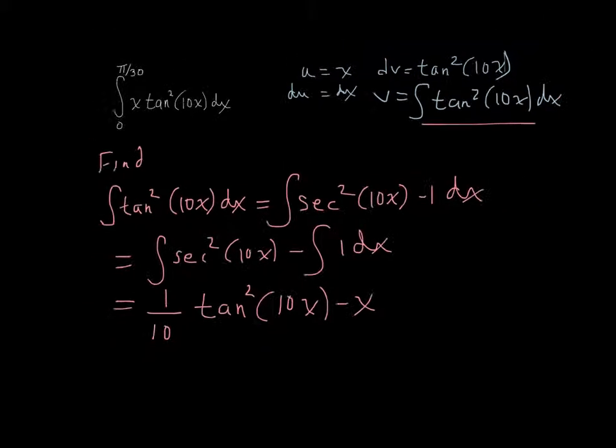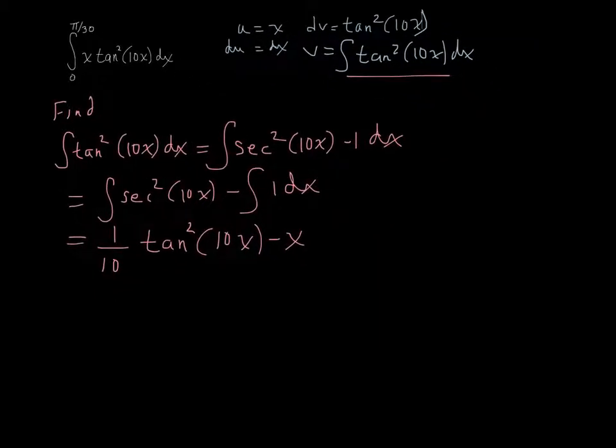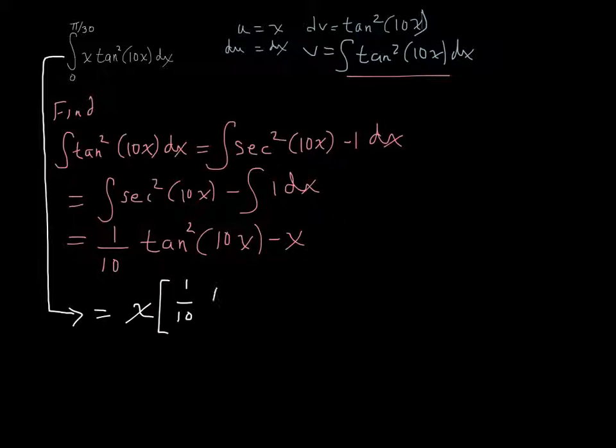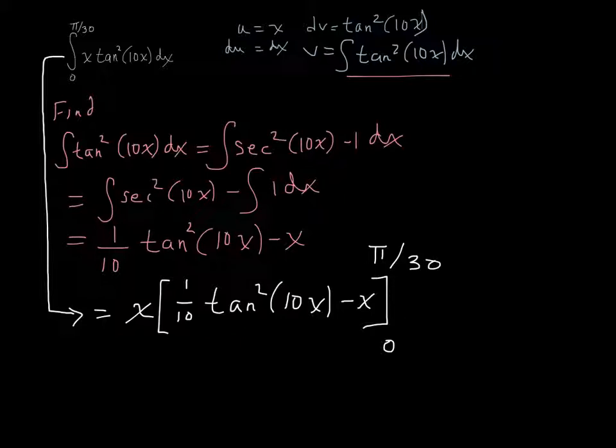So I have my pieces here, which means if I write this out, this is going to equal my u times my v, which I just got. So 1 over 10 tangent 10x minus x, and I'm going to be evaluating that from 0 to pi over 30.